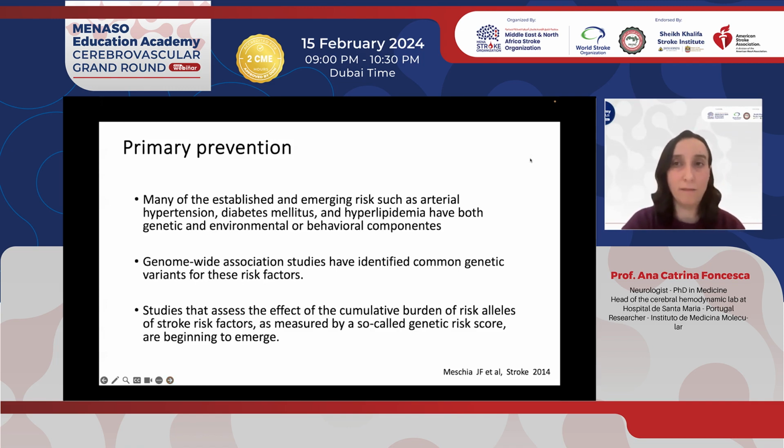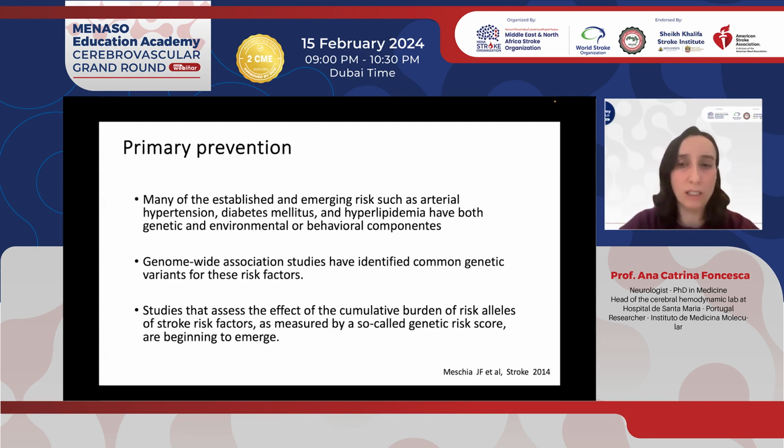There are studies that have been developed to assess the effect of the cumulative burden of risk alleles of stroke risk factors. And they do that by combining them in a measurable, so-called genetic risk score. And genetic risk scores are beginning to emerge. So if you think about it, we have clinical risk scores, which take into account the demographics or the risk factors of the patient itself.